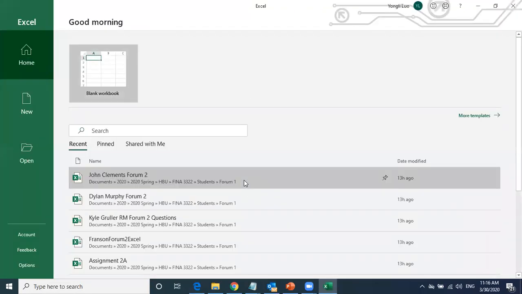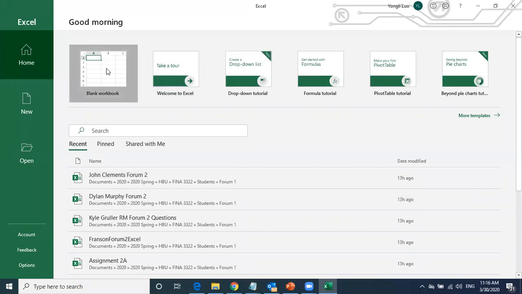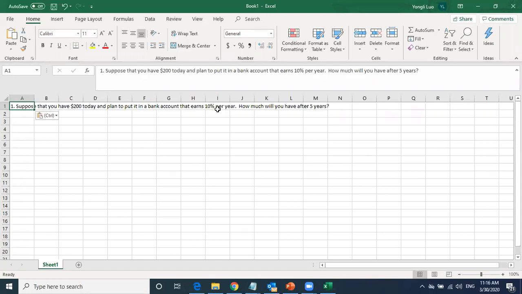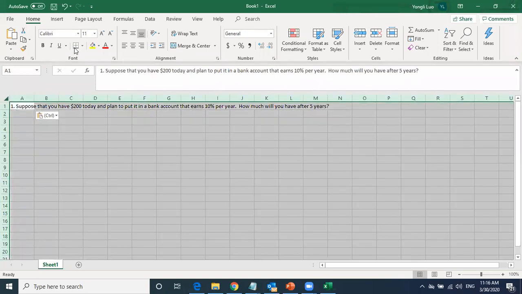If you are on your laptop, please open an Excel spreadsheet. So the question is: suppose that you have $200 today and plan to put it in a bank account that earns 10% per year. How much money will you have after 5 years?